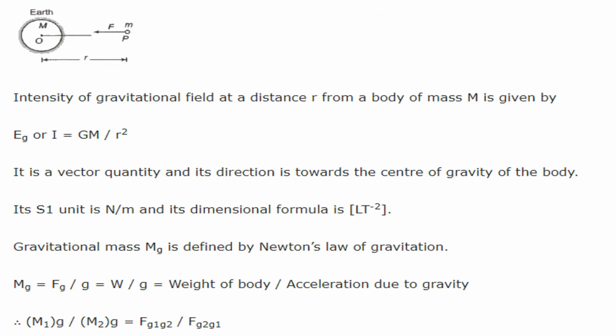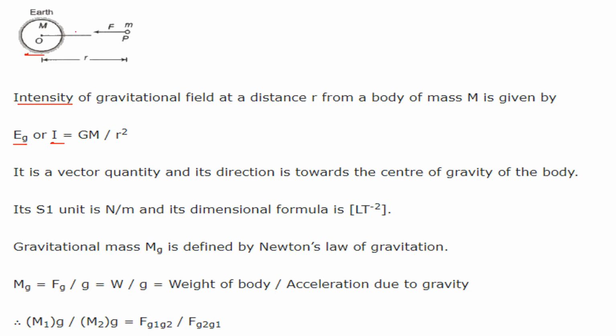Then we have intensity of gravitational field, and this is very important. We write it as Eg or I. This is the intensity of gravitational field at some distance r from a body of mass m.